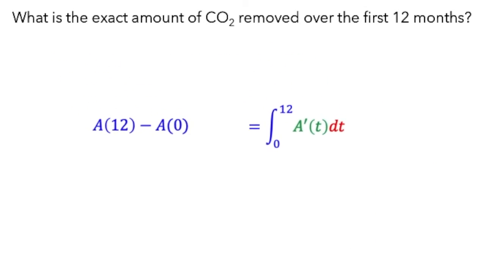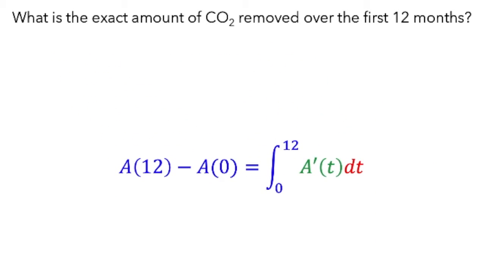So, we see that the exact amount of CO2 removed over the first 12 months, represented by A12 minus A0, equals the definite integral from 0 to 12 of a prime of t dt. There are two interesting things going on here. First, in order to compute the exact amount of carbon dioxide that was removed, we can use the definite integral of the derivative.